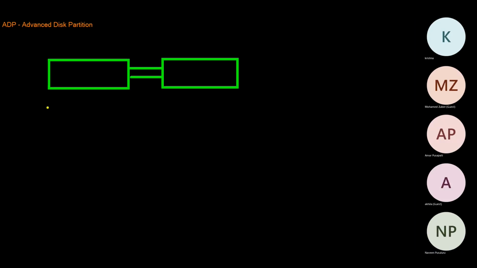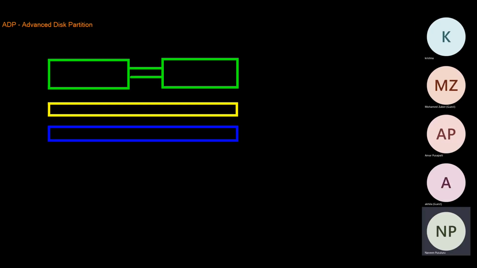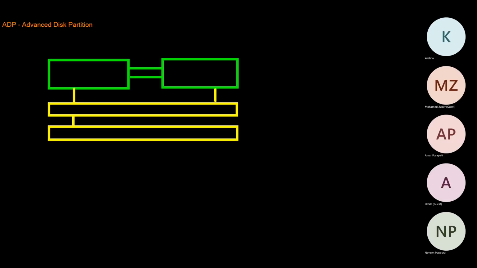Now I have purchased two disk shelves along with the controllers, and these two disk shelves are connected to my controllers. This is shelf one. Let's assume this shelf ID is 10, and this shelf ID is 8.